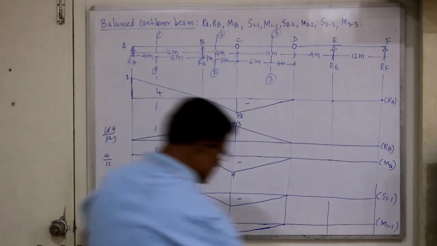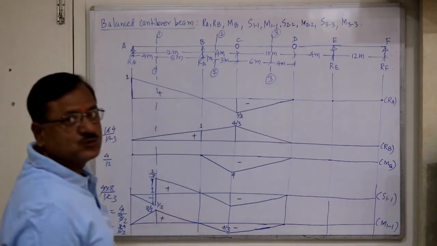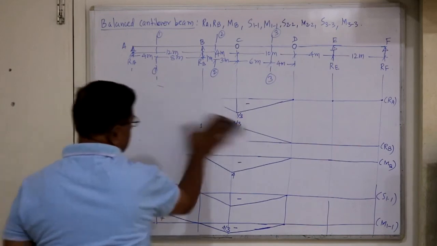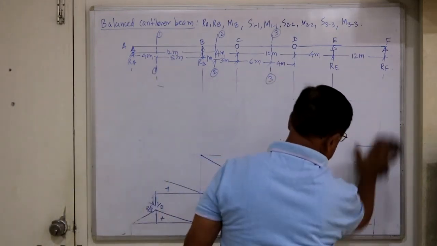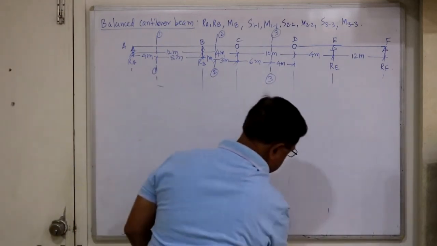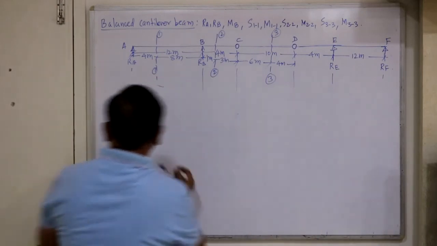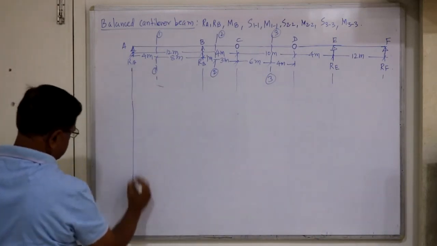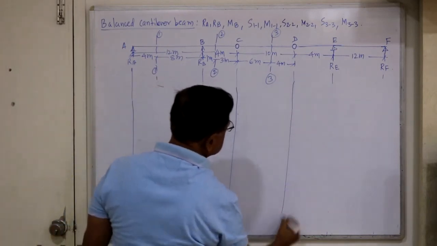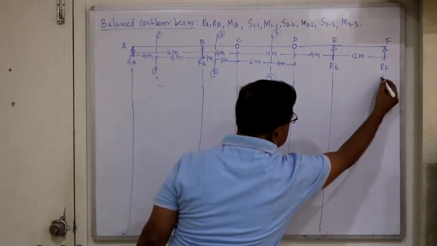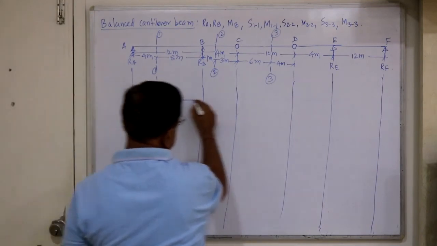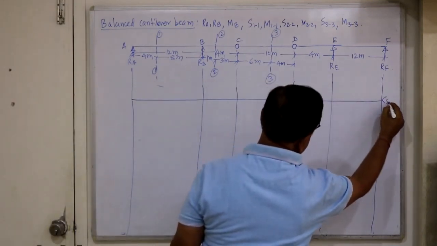Now the remaining ILDs are S22, M22, S33, M33. Let's complete the remaining ILDs. Again, you just transfer these lines below. Next, S22.